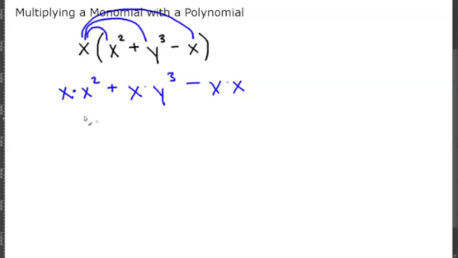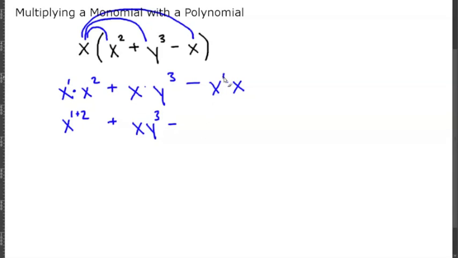Now let's go ahead and simplify this. X times x squared is x to the first times x squared. And remember, when we multiply with the same base, we're going to add the exponents. So this becomes x to the 1 plus 2. These bases are not the same, so this will remain x y to the third.